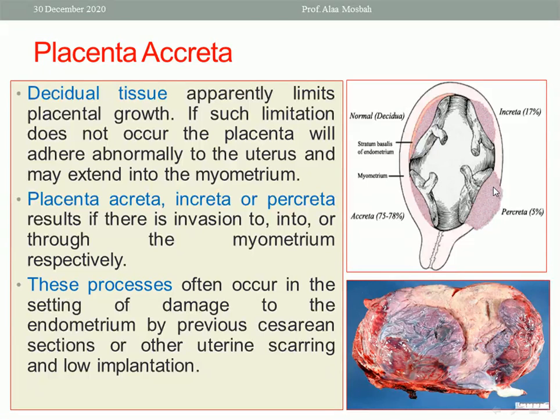And if the invasion extends through the whole muscle layer of the uterus, even reaching the peritoneal covering or nearby organs, it is called percreta.